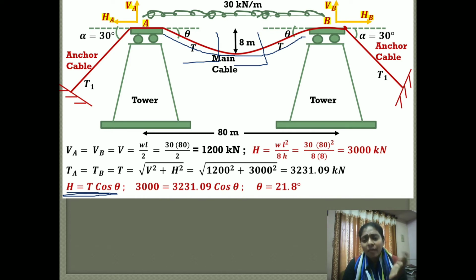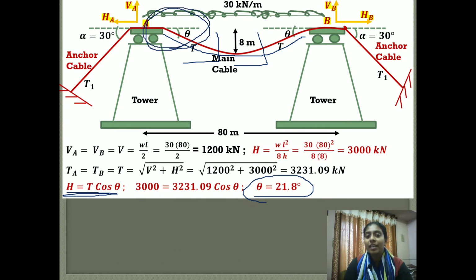So anywhere in the cable, H is equal to T cos theta. We get 3000 is equal to 3231 cos theta. So from this, theta is equal to 21.8 degree. That is the angle between the cable and the horizontal is 21.8 degree.